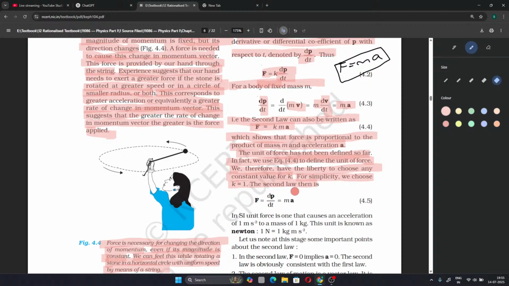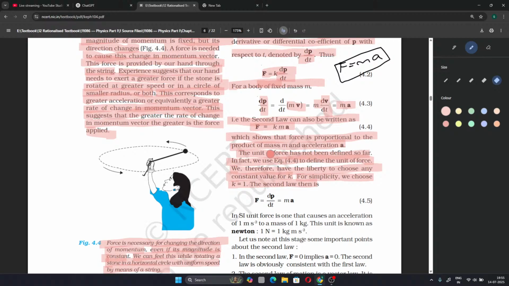Basically, the unit of force has not been defined independently in terms of force. For defining force or unit force, we use this equation, that is, F equals mass times acceleration.